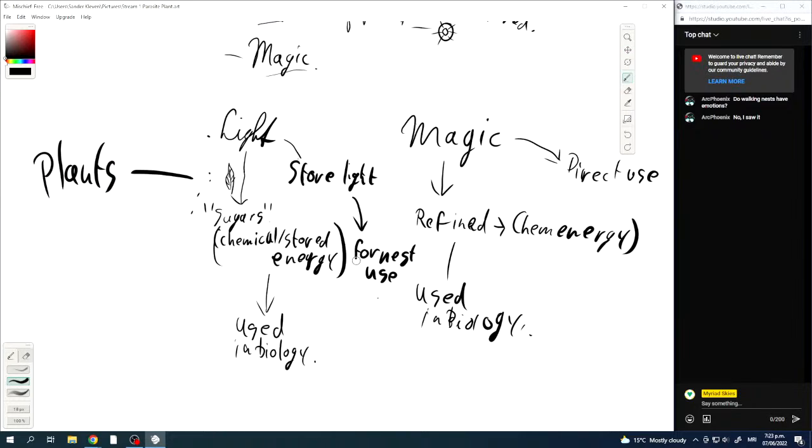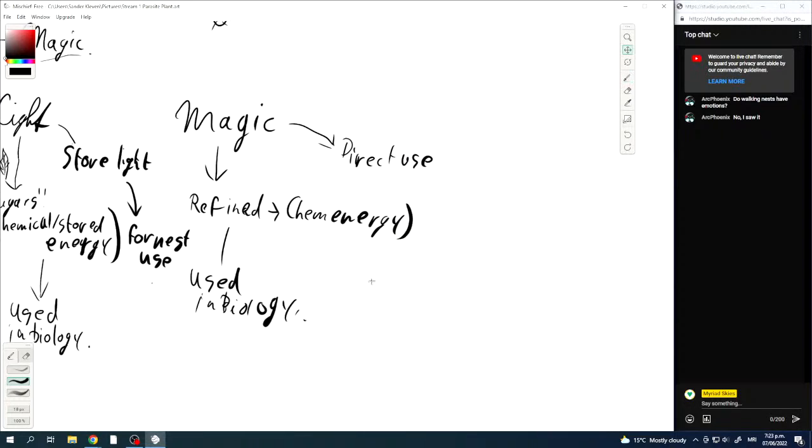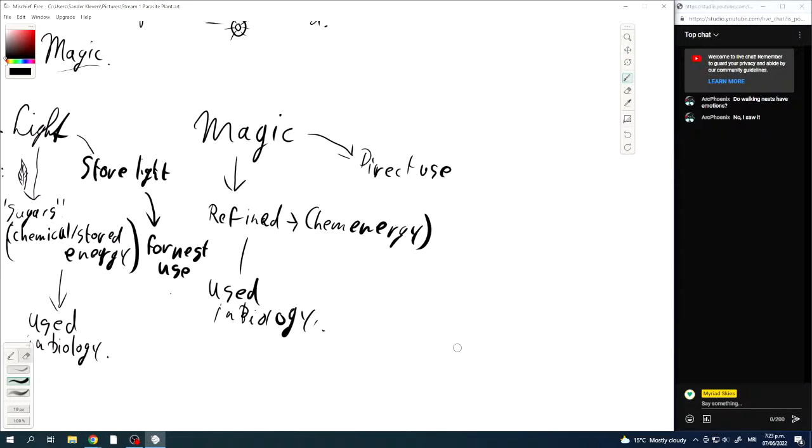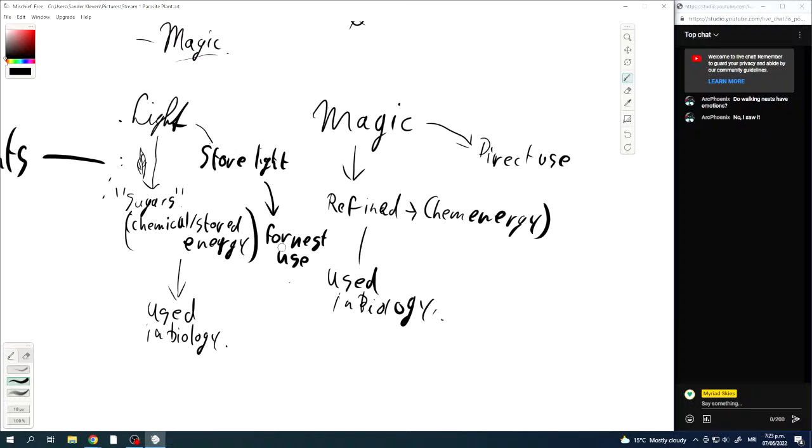Let's see. Okay, so light is probably something that at least this specific walking nest will not be proficient at turning into useful stuff. Maybe specific reactions need specifically light energy, in which case it will find stored light.